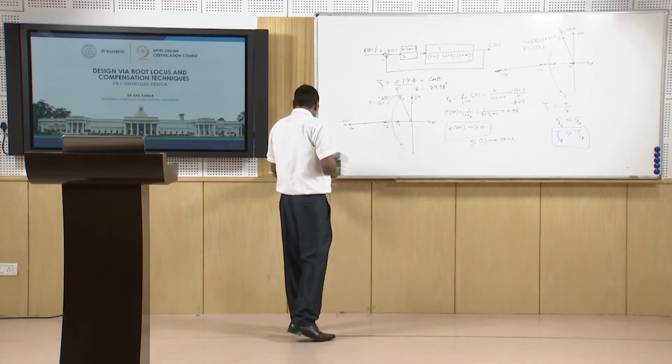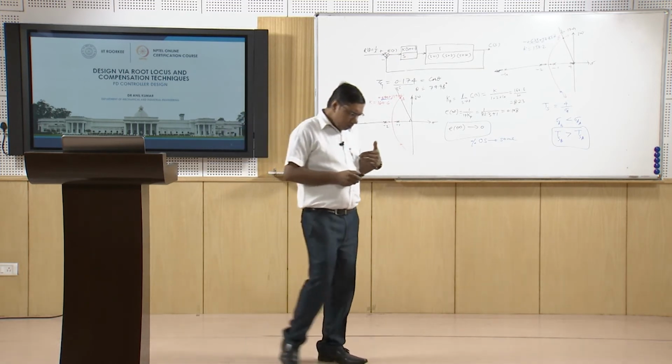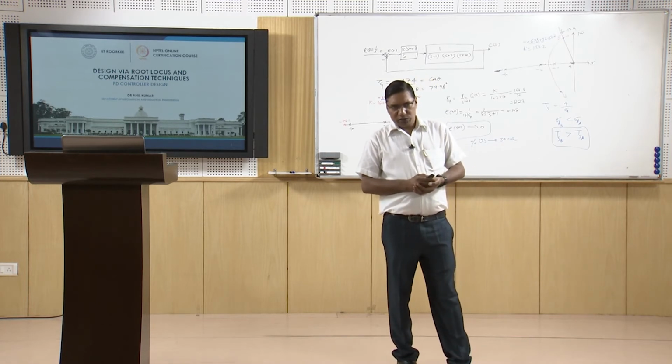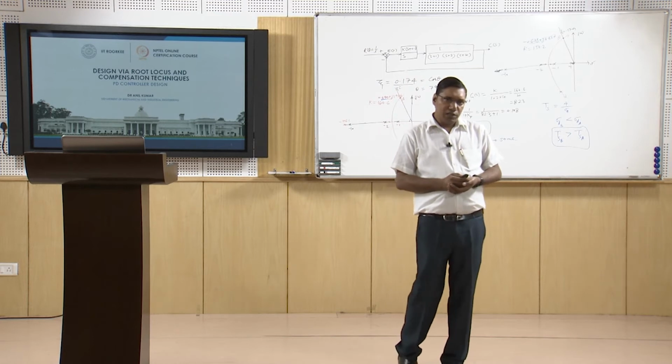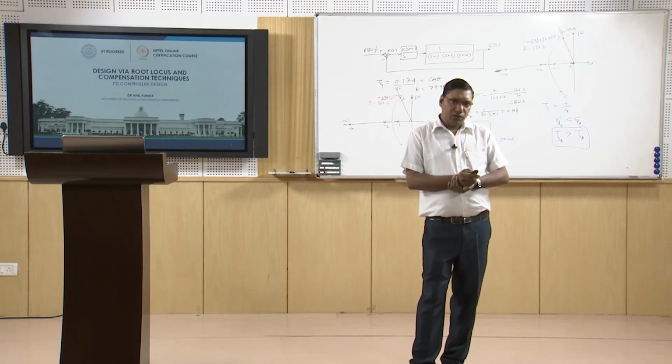The ideal derivative compensator we use to improve the transient response, because the PI controller we used to improve the steady state error. Now this ideal derivative compensation technique we use to improve the transient response.